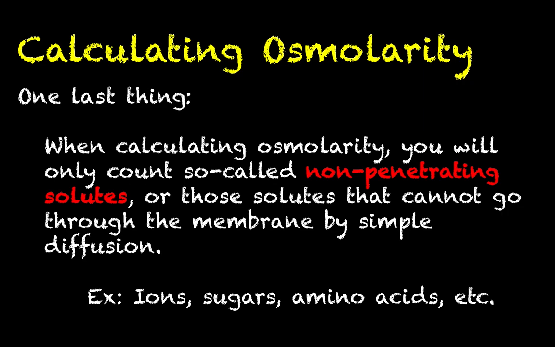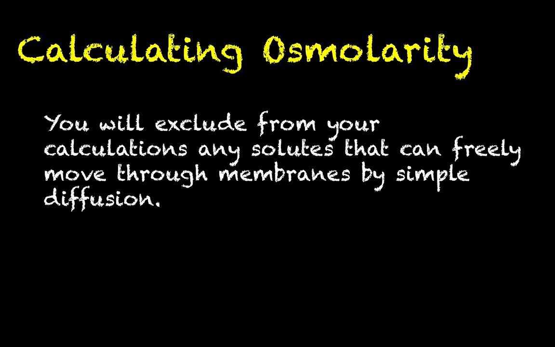One of the major rules that we discussed about osmosis is that water will not move if the solute is capable of moving all by itself. So, if we're calculating osmolarity, that being the case, it wouldn't really make sense for us to count the so-called penetrating solutes like oxygen gas, carbon dioxide gas, things that can move through the membrane in any situation anyway.